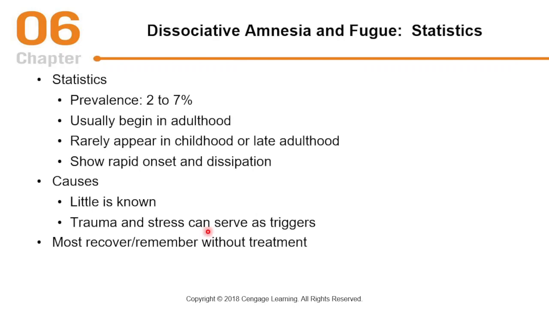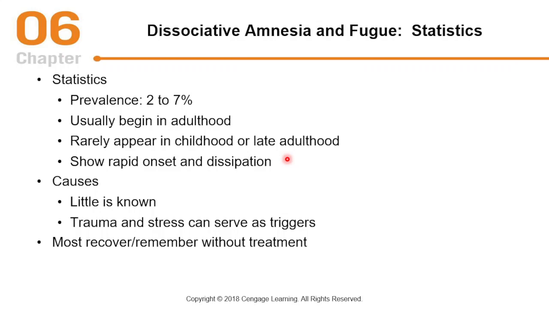Okay, so the prevalence of this disorder, the dissociative amnesia and fugue, is about 2 to 7%, and this usually appears or begins in adulthood. And we don't really see this happening with children or with senior citizens. Because with senior citizens, when they forget things, it's not amnesia anymore.